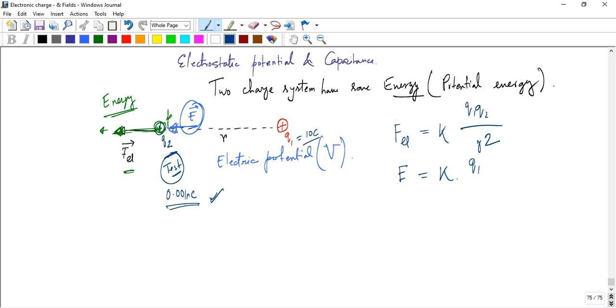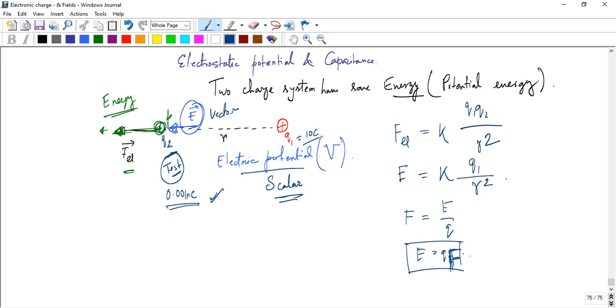The relation between electric field and electrostatic force is F equals E times Q, so E equals F by Q. We know that the electric field is a vector field, and electric potential or electrostatic potential is a scalar field.